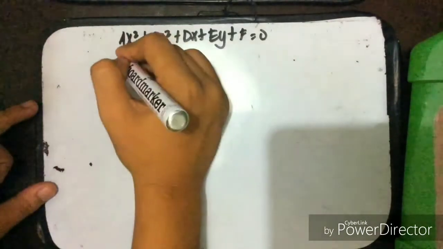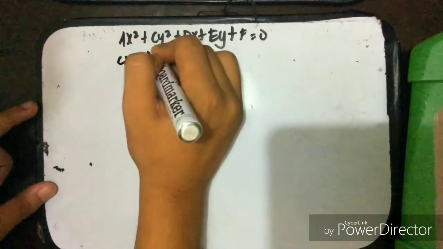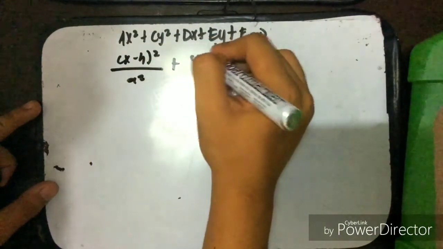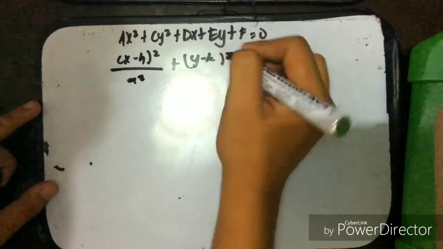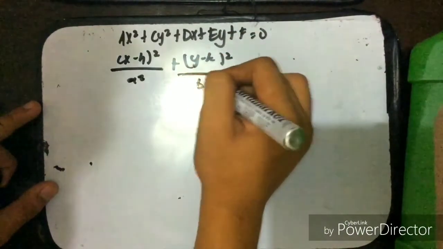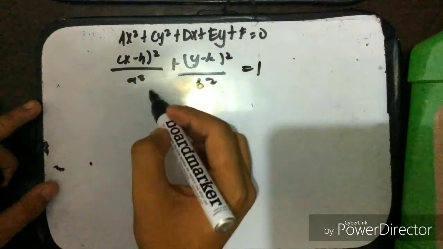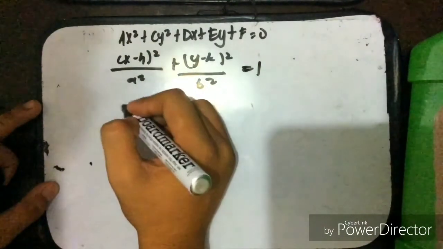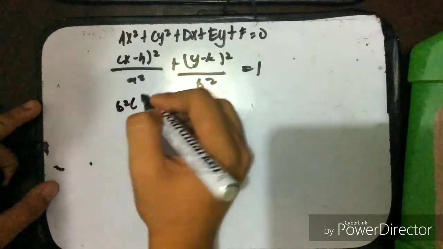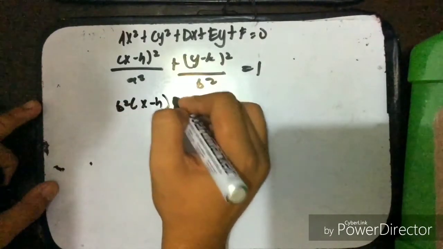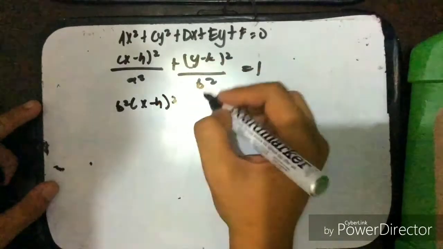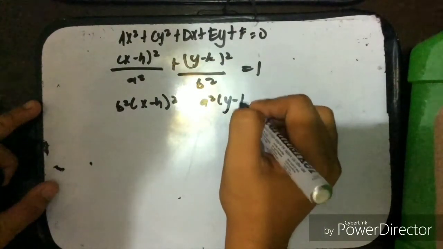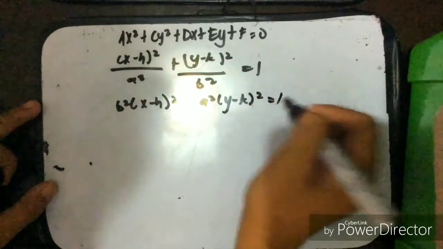So x minus h squared over a squared plus y minus k squared over b squared equals 1. You cross multiply this one: b squared times x minus h squared plus a squared times y minus k squared equals a squared b squared.